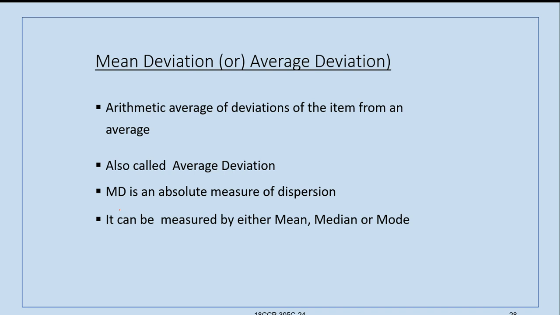Here, the arithmetic average of deviations of the items from an average. If you remember well, we have seen the shortcut method of calculation of arithmetic mean by taking an assumed mean.